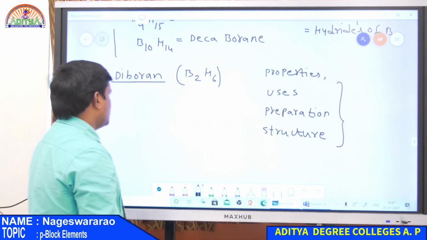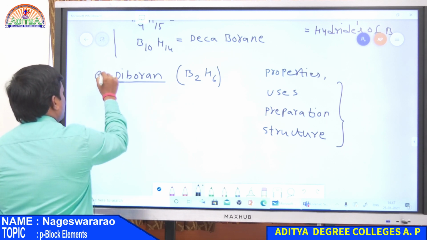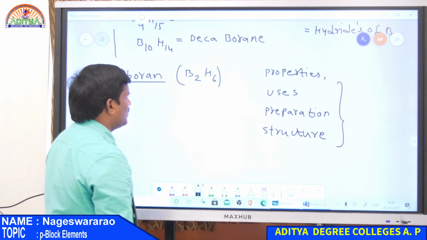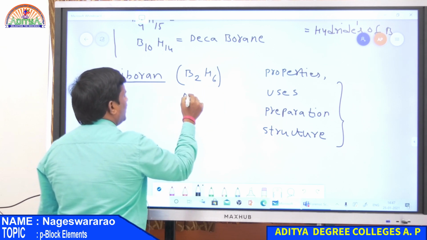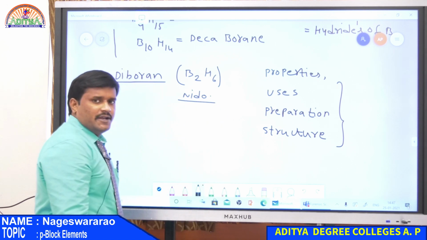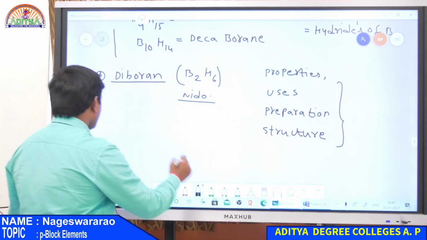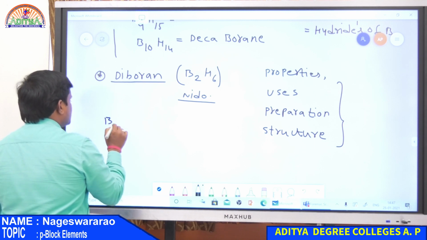So now first one is diborane. This is the hydride of boron having a general formula BnHn+4. Therefore this is an example for a nidoborane. Now diborane B2H6.